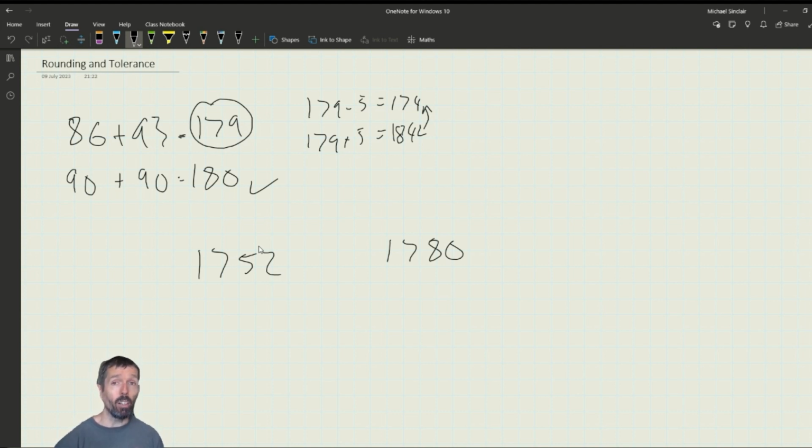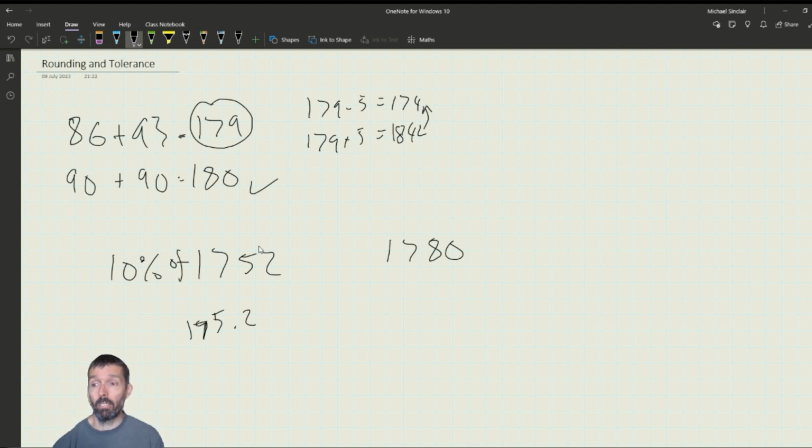So in order to find out what your boundaries are, you first have to find out what 10% of 1,752 is. If you take 10%, I need to divide by 10 to find out what it is. So 10% of 1,752 is 175 and 2 tenths.